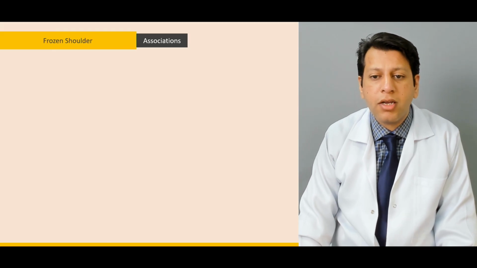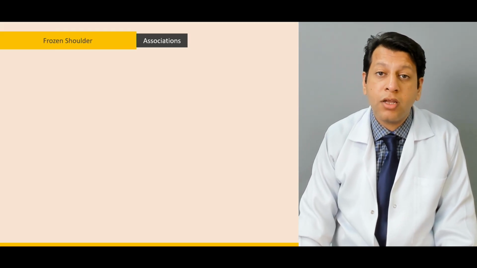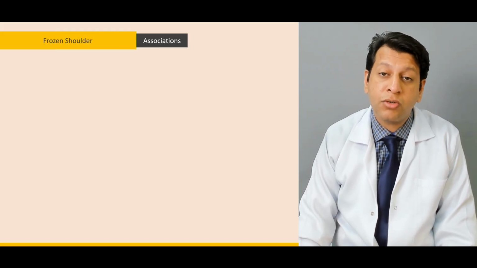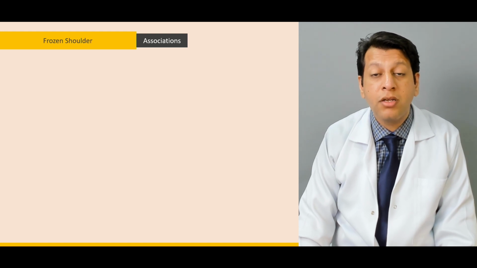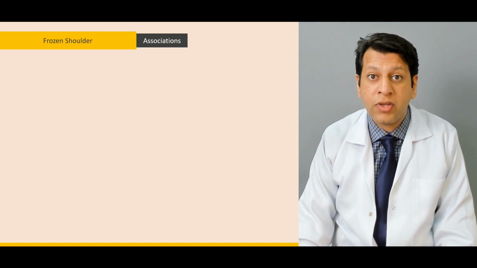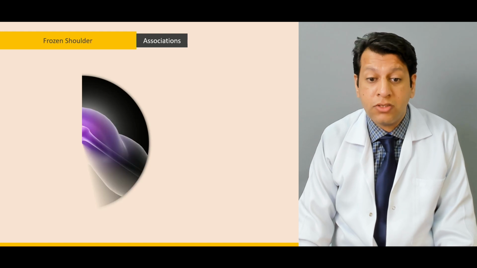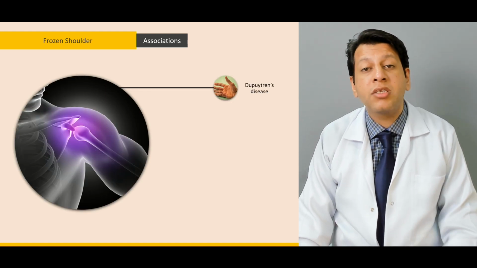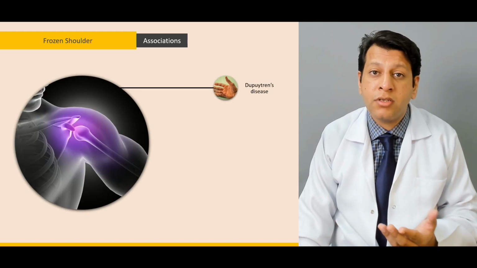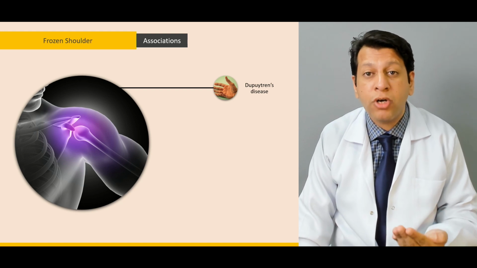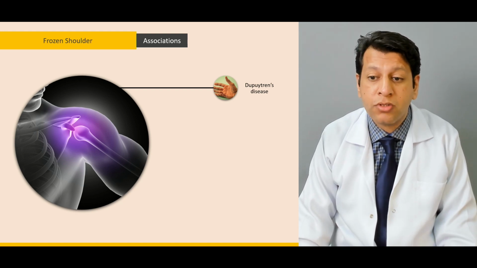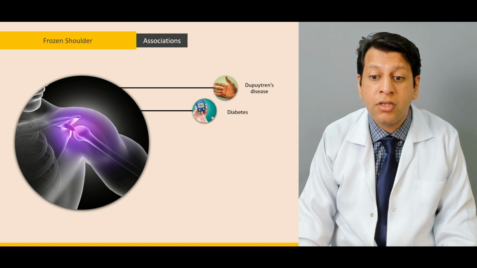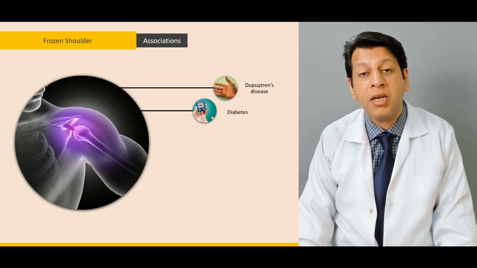So the treatment is, more importantly, about its association as well. As I told you, it's more common in females, involving 40 to 60 years of age, and is associated with certain diseases. Especially, for example, fibrinous diseases, in which there is a tendency of the body toward increased fibrosis, for example, Dupuytren's disease. Or it may be associated with diabetes.